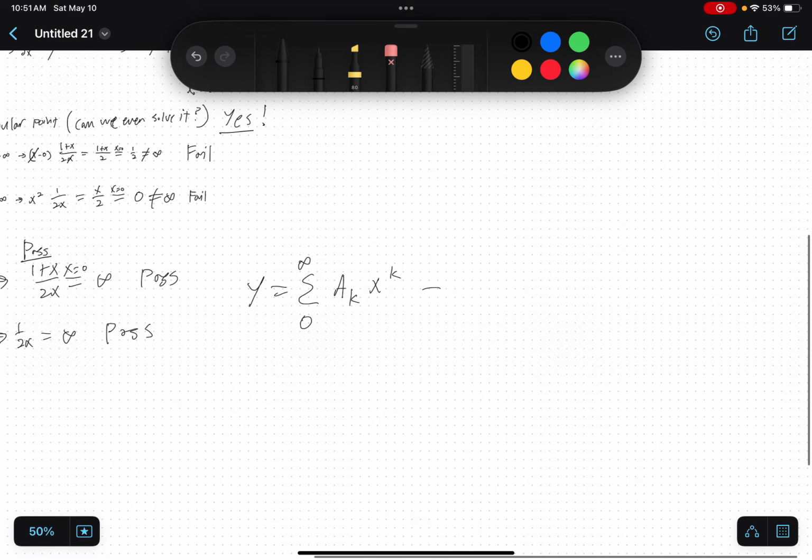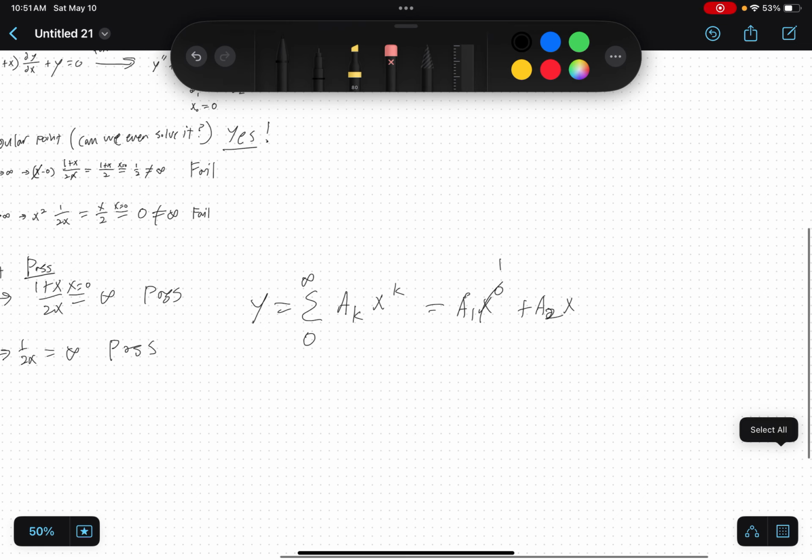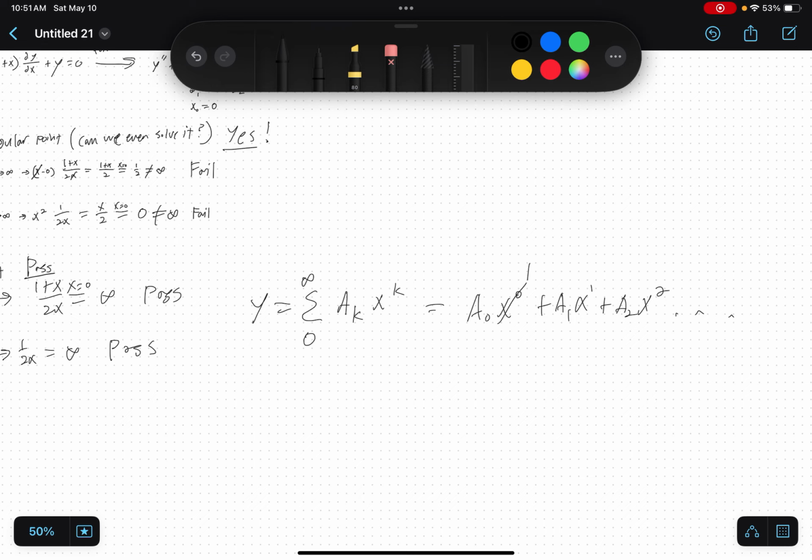So this will look like a0 x to the 0, which is 1, plus a1 x to the 1, plus a2 x squared, and so on.